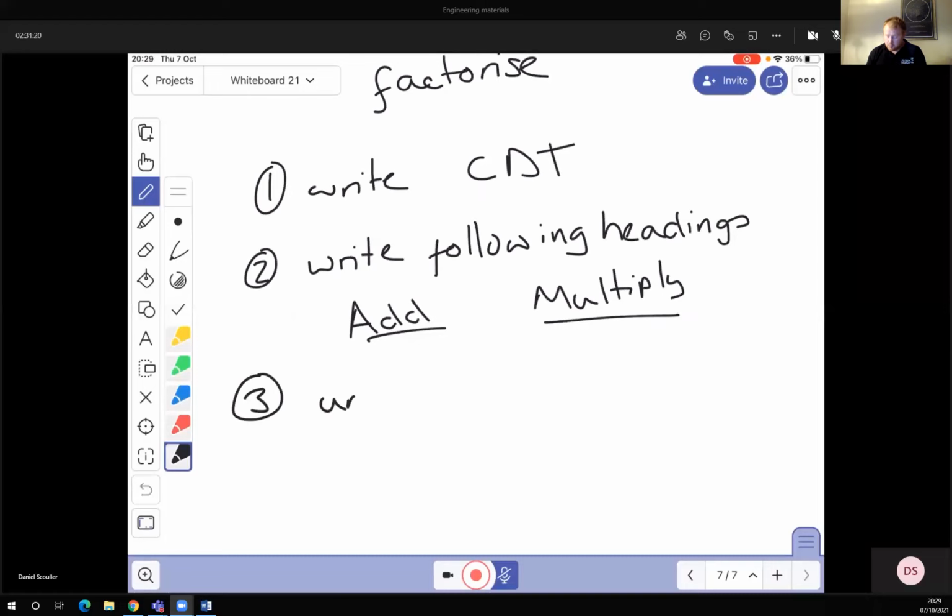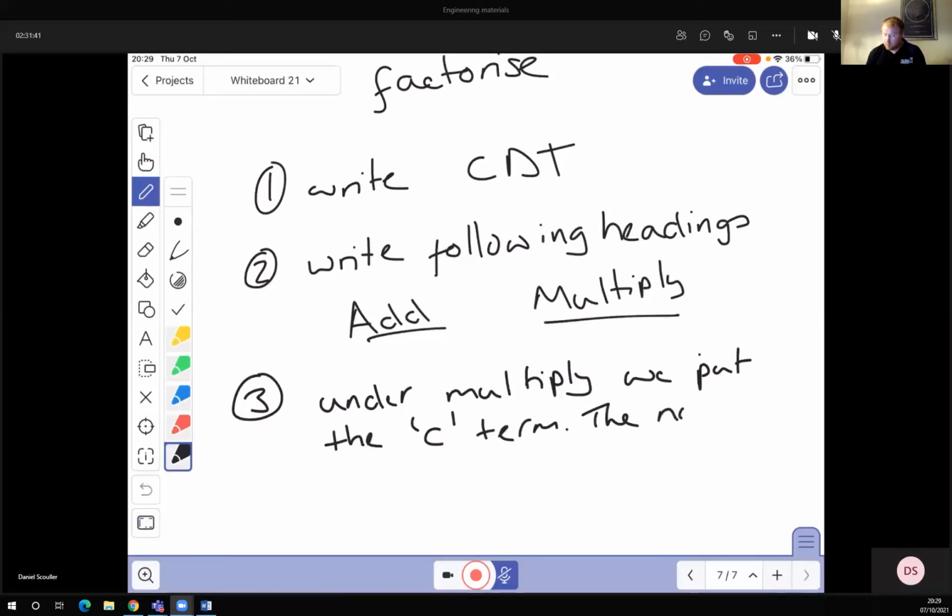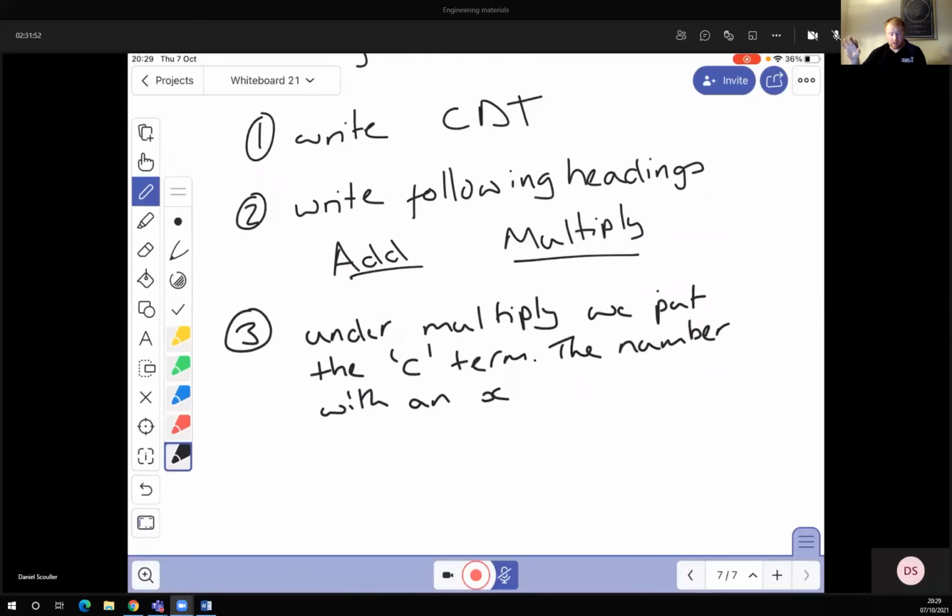Under multiply we put the last number, the number on its own, the number without an x.